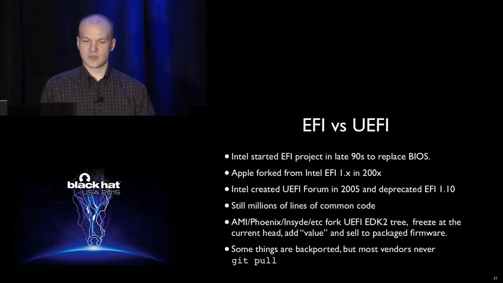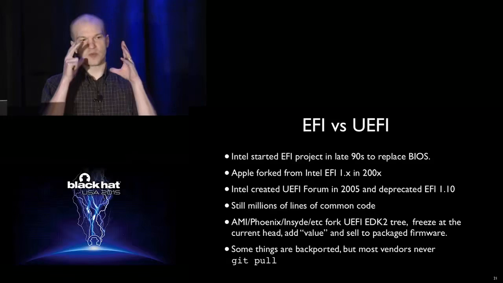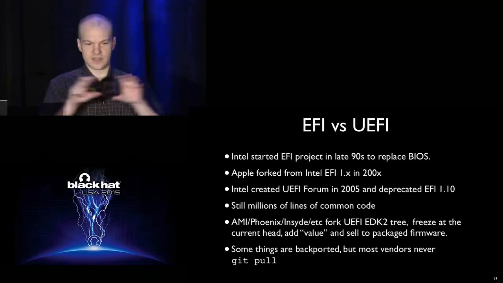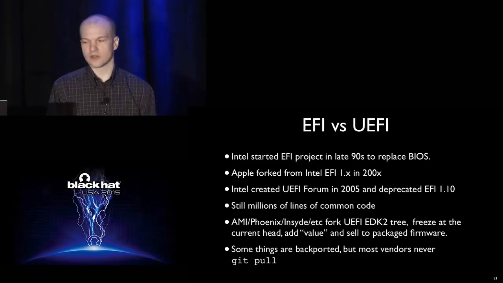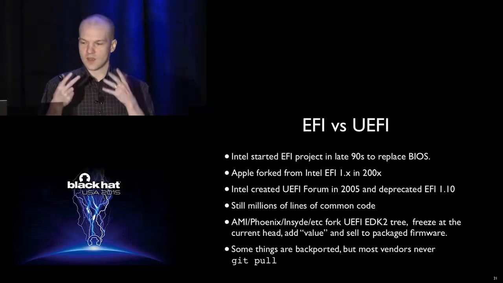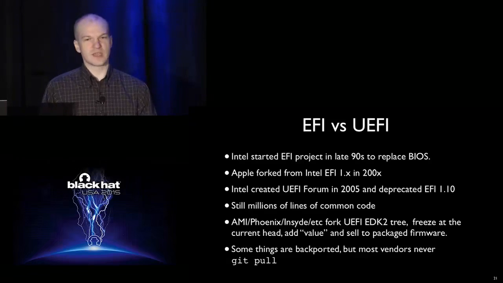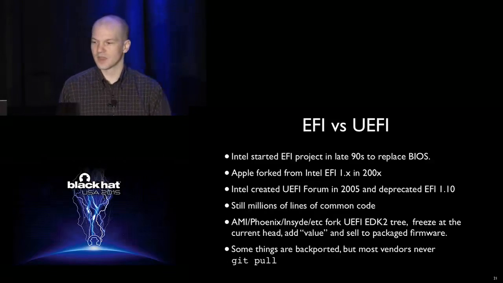So basically, because of this hierarchical structure, where there's the open source reference implementation, and then there's some vendors that add their own competing features, and then there's all of the OEMs who buy from them or maybe fork off their own way, that means that just because a vulnerability gets fixed at the top of the tree doesn't mean that it gets fixed everywhere, and doesn't mean that it trickles down to everyone, right?